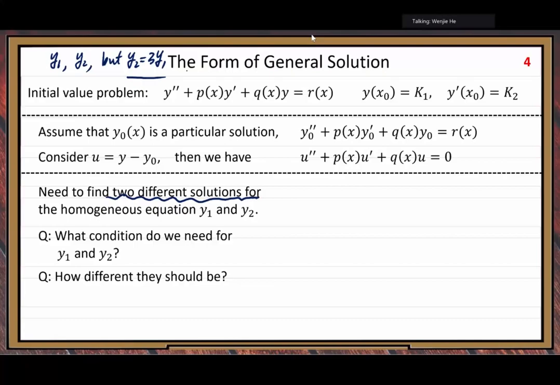The difference is not that big. We want a big difference, not a small difference. Because for y1, y2, if the difference is only a 3-to-1 ratio, then it's too close, right? Too close.